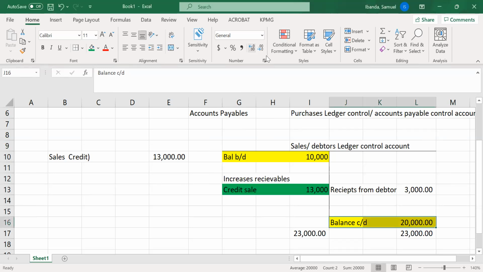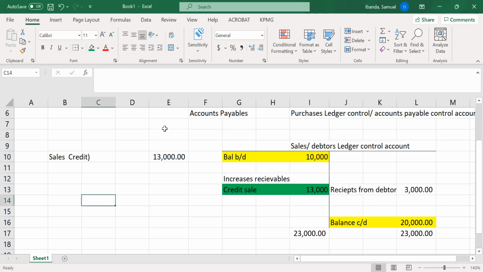Now, you need to understand that when we are doing financial statements for manufacturing, yes, we have the manufacturing account, and then we have the trading P&L.